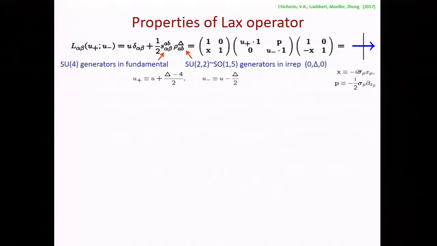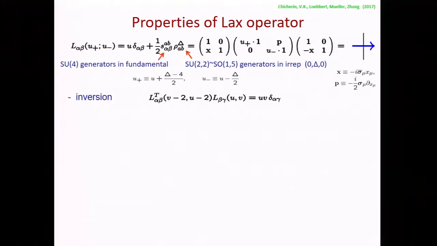Of course, this L satisfies the Yang-Baxter equations, and it defines a nice conformal spin chain on the group SU(2,2). In principle, we can study the corresponding non-compact spin chain, which we'll do in a moment.